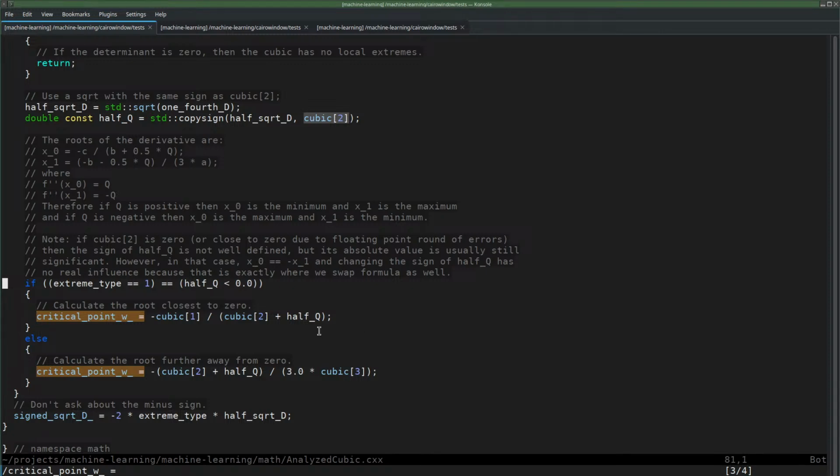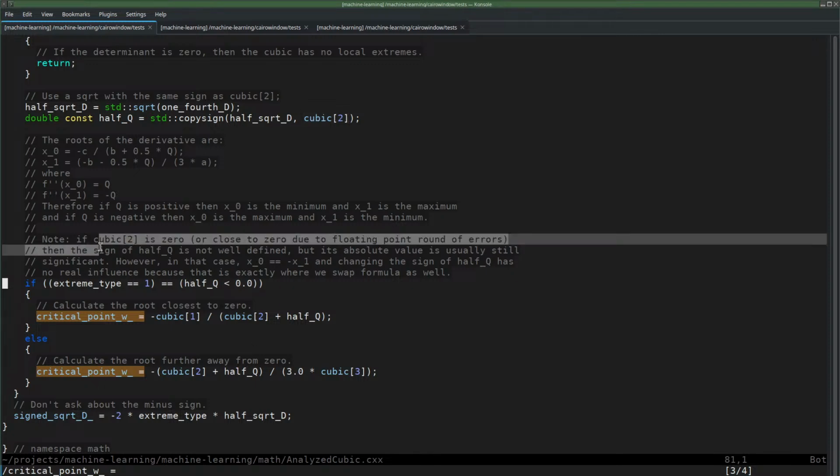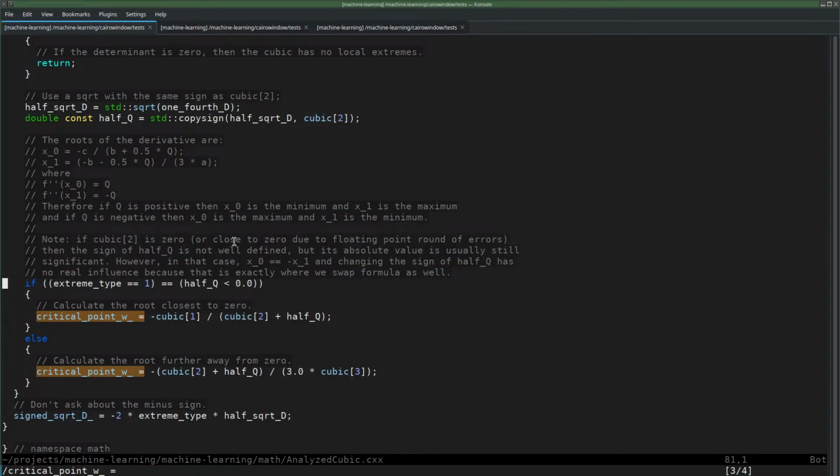The reason that this is done so difficult is numerical stability. But since we're doing everything symbolic, I might as well just use another formula, whatever formula, as long as it gives us the minimum.